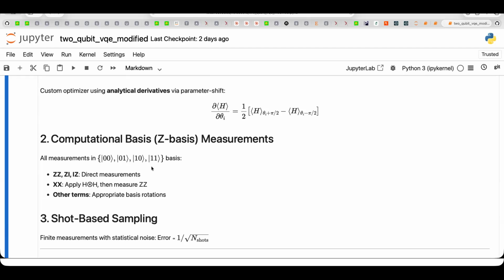So in Hunt's text, the way it's set up, and you will find that in the lecture notes for this week, you transform these different components of the Hamiltonian matrix in terms of measurements in the first qubit cases. This is not the way it's done anymore. So let me go back to the text for this week before we go into the Jupyter Notebook.